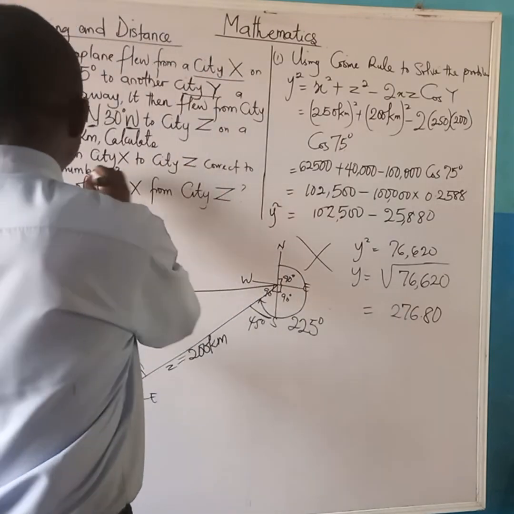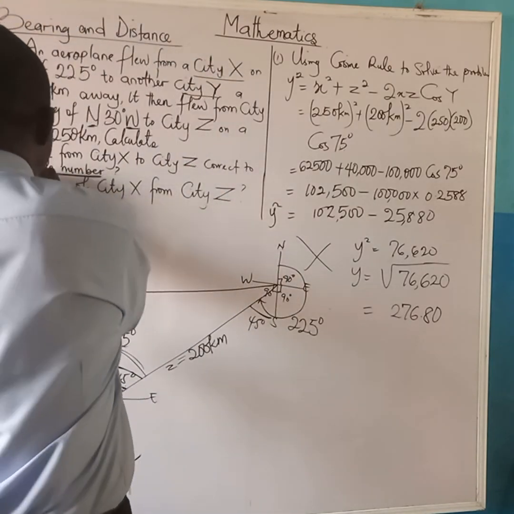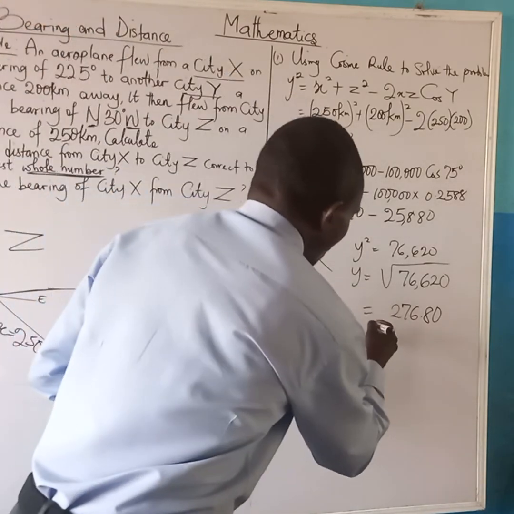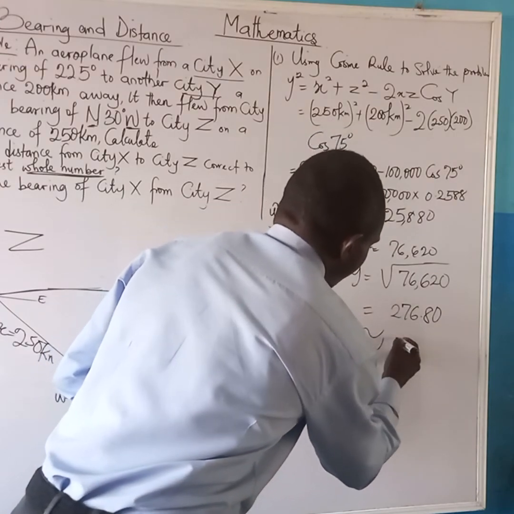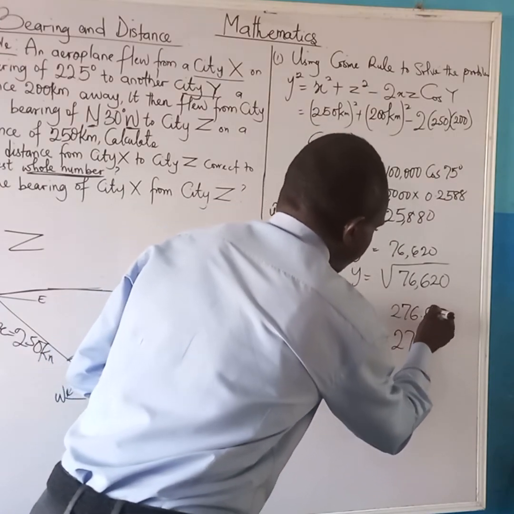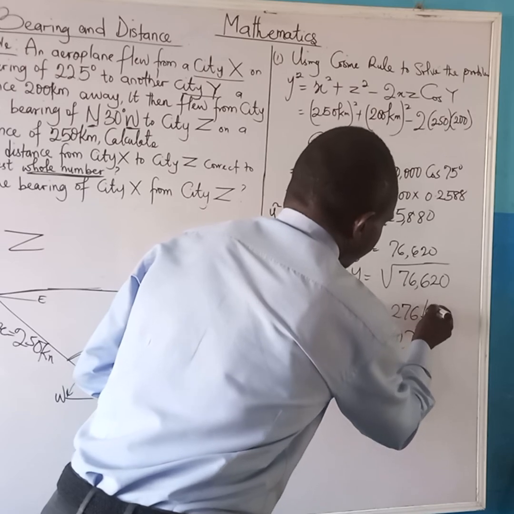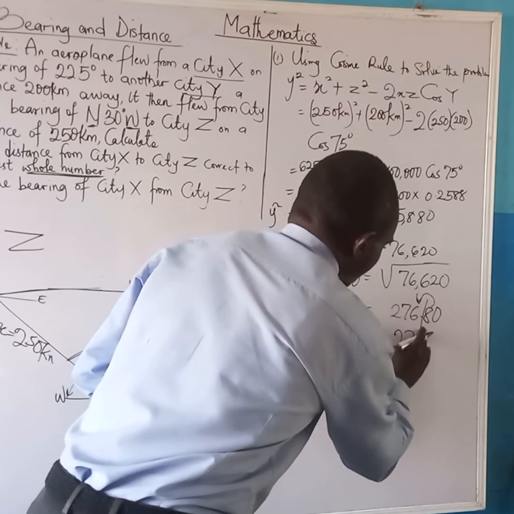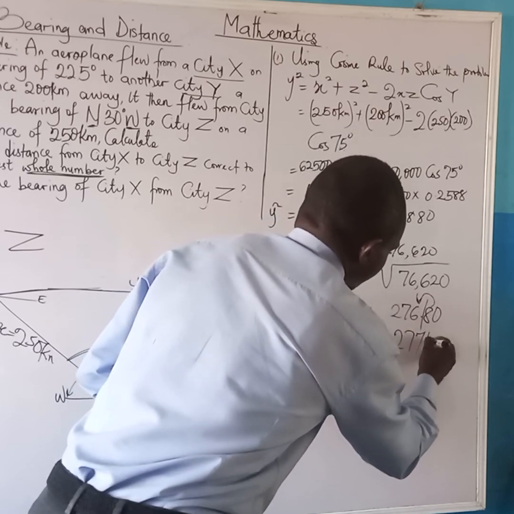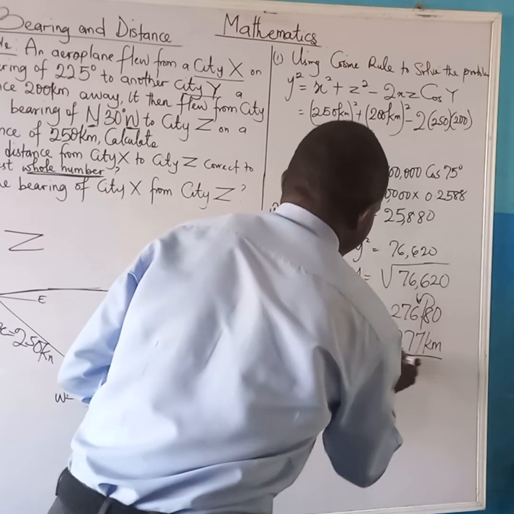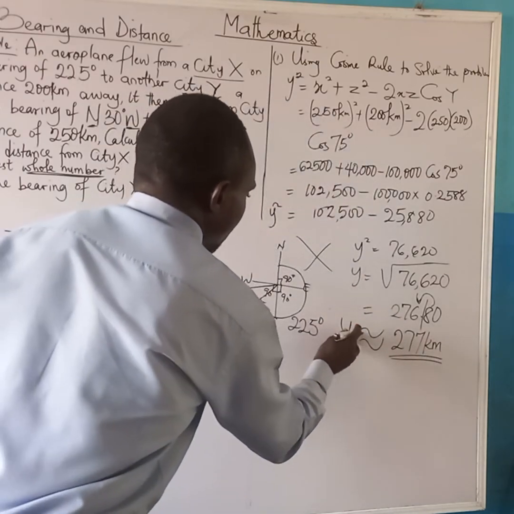Knowing that the question says we should have our answer to the nearest whole number, we approximate this to the nearest whole number. We have 277 kilometers. That is 277 kilometers as the value of y.